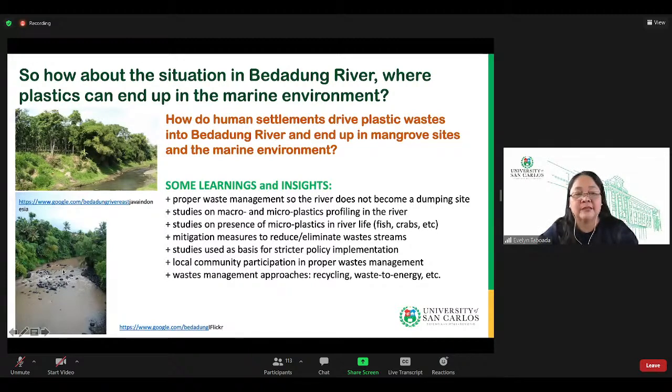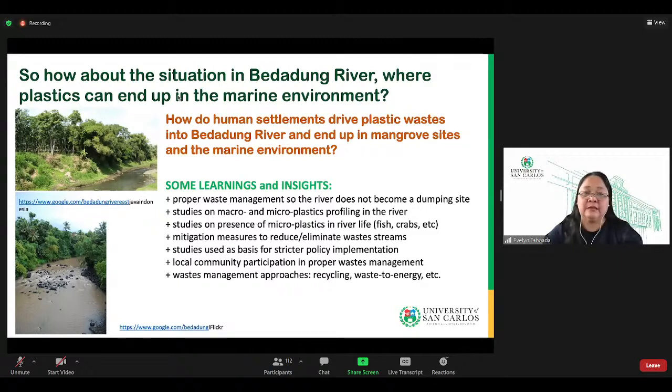I took these pictures from Google.com on Vidadado River. So how do human settlements or communities drive plastic waste into Vidadado River and end up in mangrove sites along the beaches and the coastal areas of Indonesia and ultimately to the marine environment?